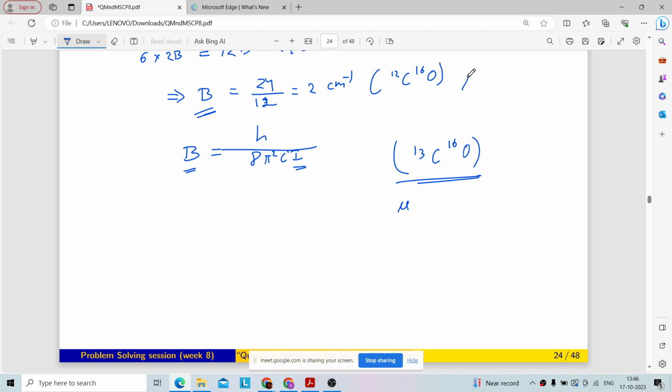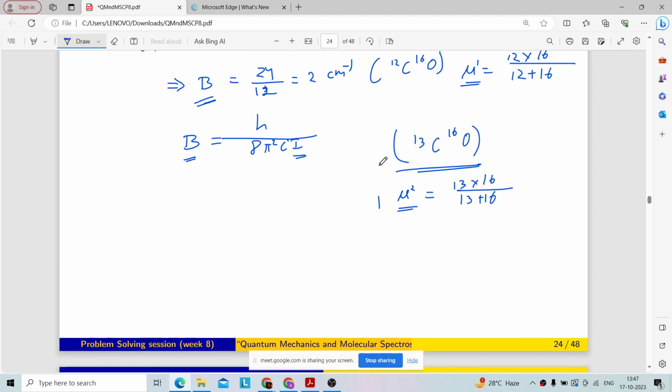For this case, reduced mass will be 12 times 16 by 12 plus 16. Let's say this is μ1, and μ2 will be 13 times 16 by 13 plus 16. So μ will be different for the two cases. The bond length is already very small for molecules, so the change will be very small, and we assume it's almost the same.